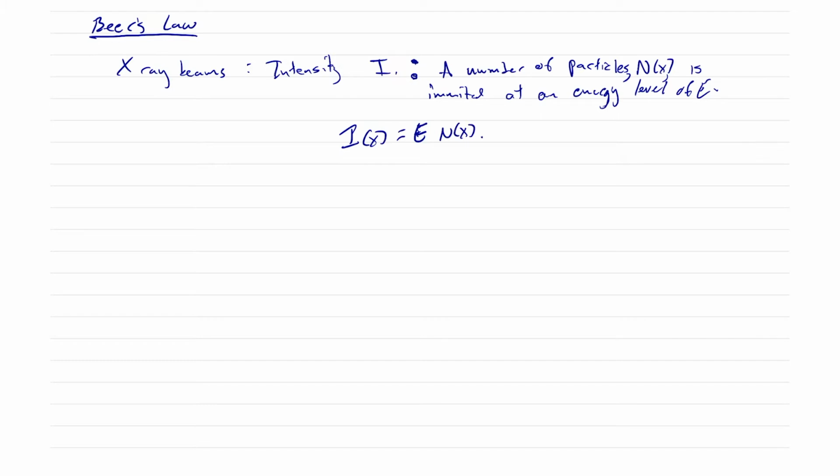And that is your intensity function. Basically what we're saying is that this is the number of photons traveling through x at a point in time.